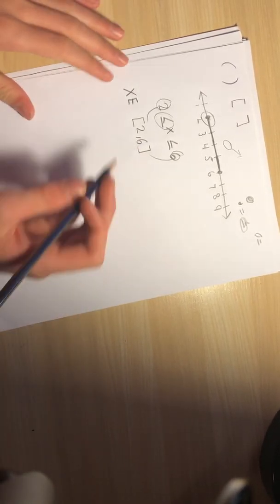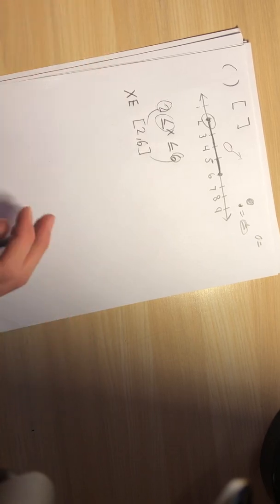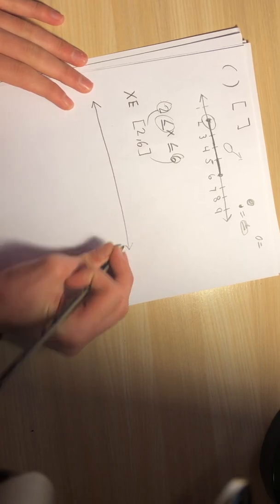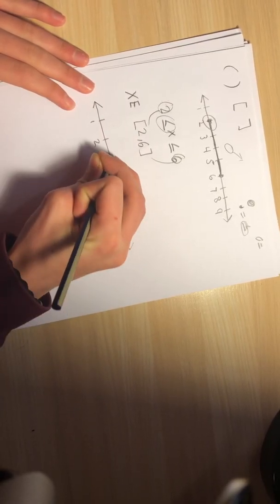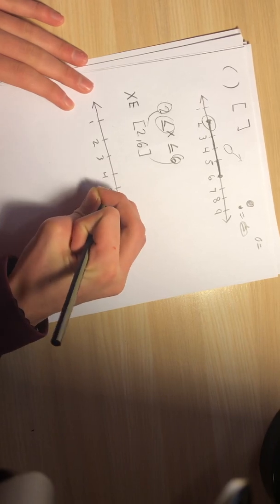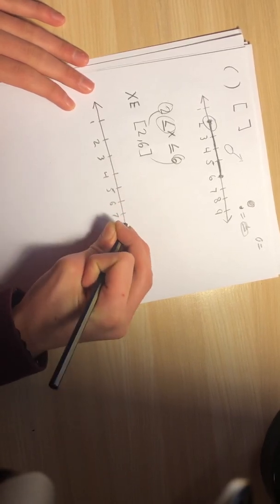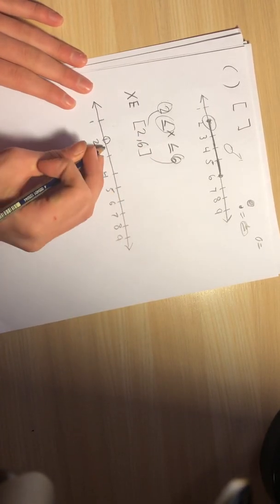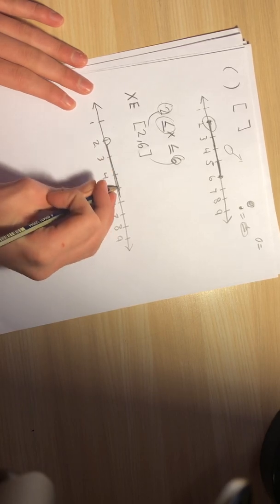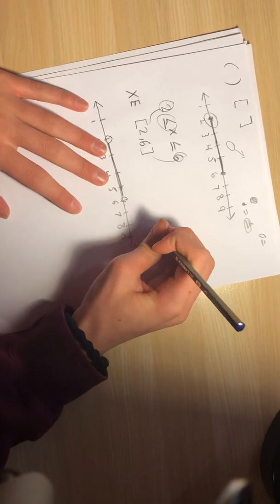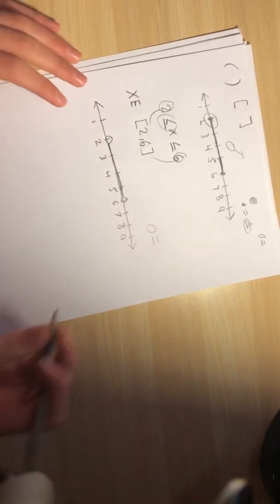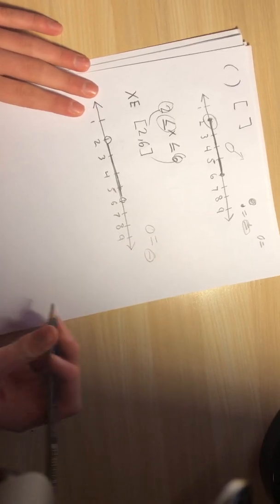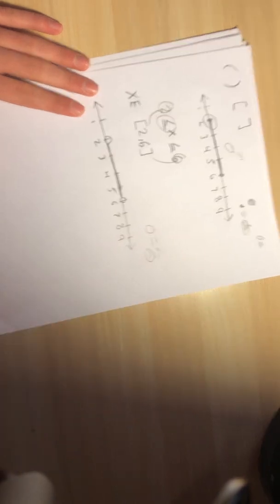Now I'll show why these are brackets and the other one is parentheses. Let's say we had the same number line, between 1 and 9, and we did an open point at 2 and 6, just like in the last one. Because the point is open, there will be no equal to sign, so it's just the regular greater than or less than sign.